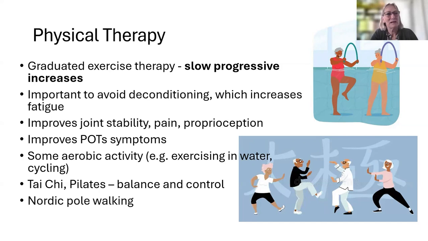So if you have orthostatic intolerance, the best management strategy for that is exercise. And it needs to be a blend of aerobic, a bit of aerobic, so maybe exercising in water or cycling, with kind of strength, which is sort of Tai Chi, Pilates, where you're looking more at your balance and control. And Nordic pole walking is apparently supposed to be really good as well.